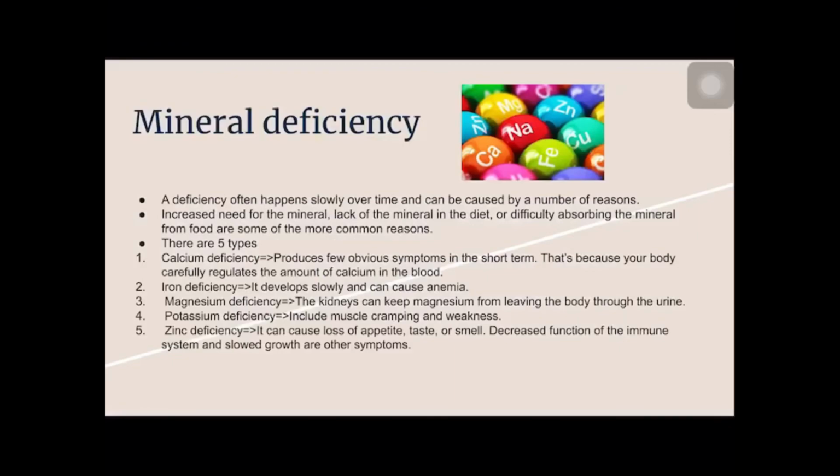Potassium deficiency. It includes muscle cramping and weakness. Zinc deficiency. It can cause loss of appetite, taste, or smell, decreased function of the immune system, slowed growth, and other symptoms.